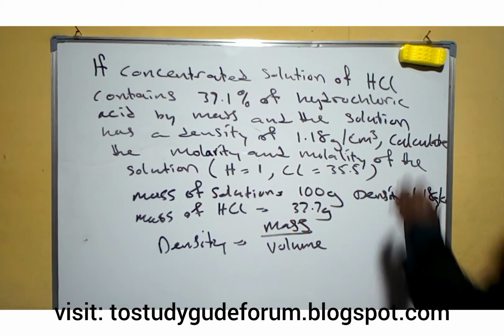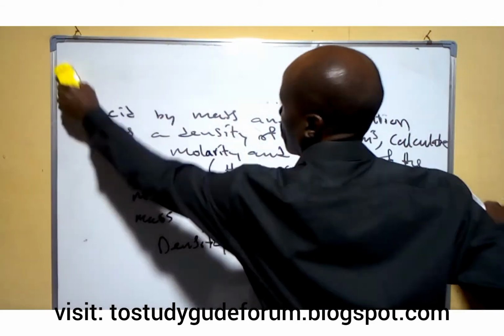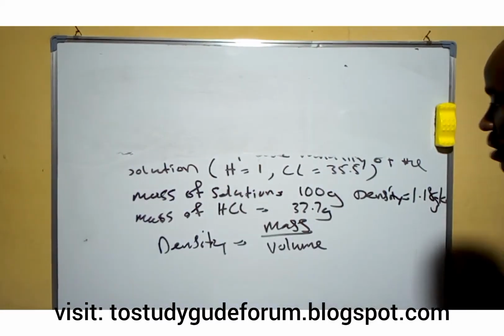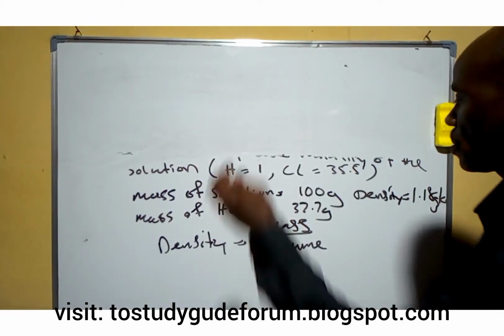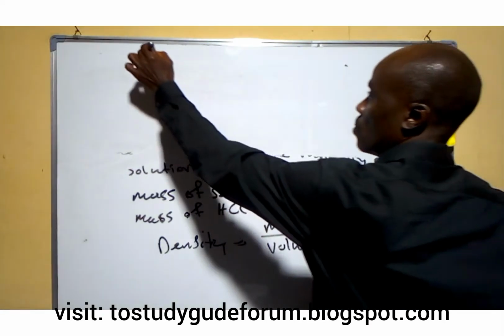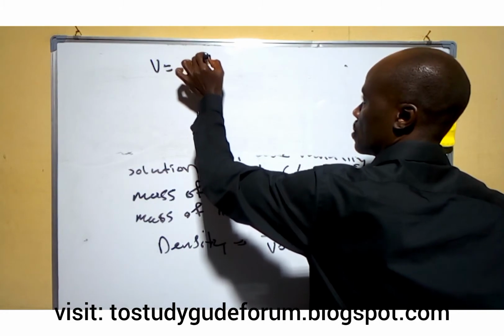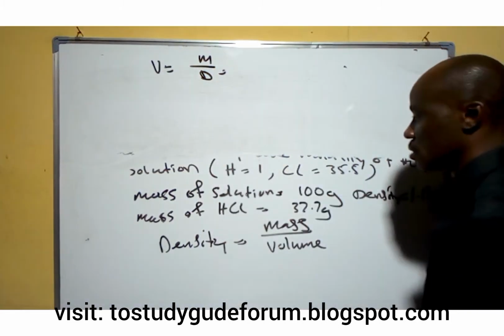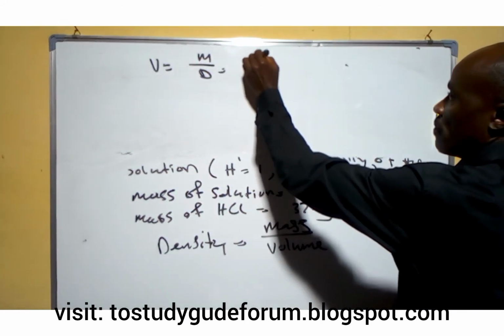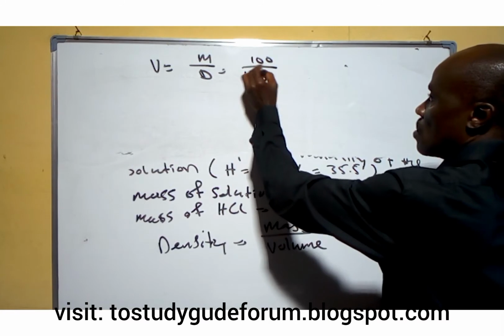All right. Based on that, since density is mass over volume, it then means that volume will be mass over what? Density. That is to say, the mass of the solution, 100 grams, and the density of the solution, which is 1.18.